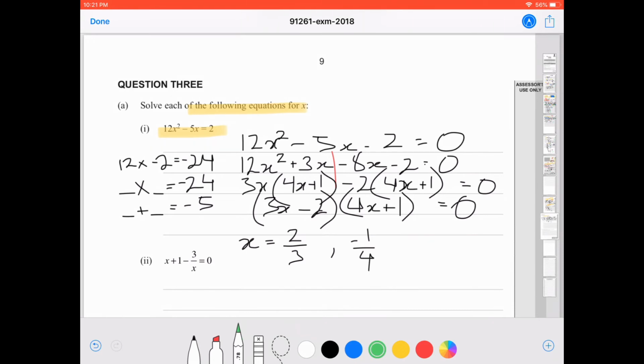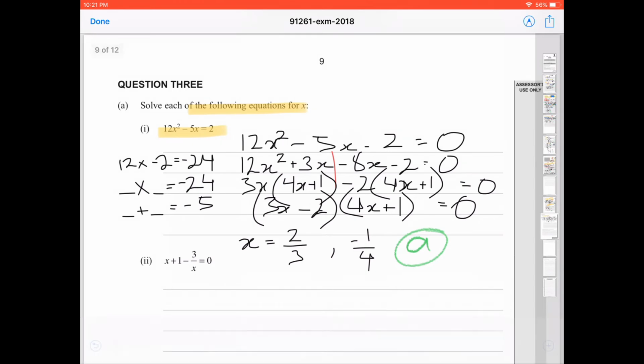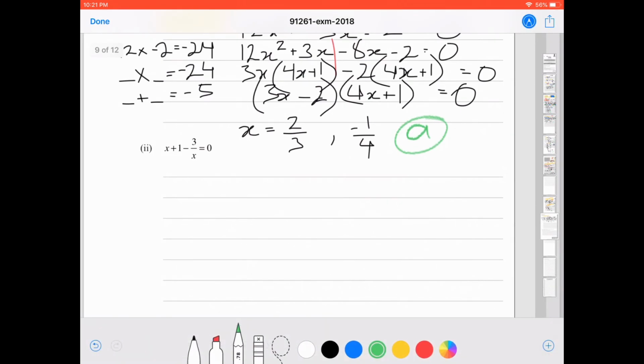Again, you could just solve it using the quadratic solver on the calculator. Anyway, our second equation here, x plus 1 minus 3 over x equals 0. Because we've got this nasty little fraction, we are going to multiply the whole equation by x.